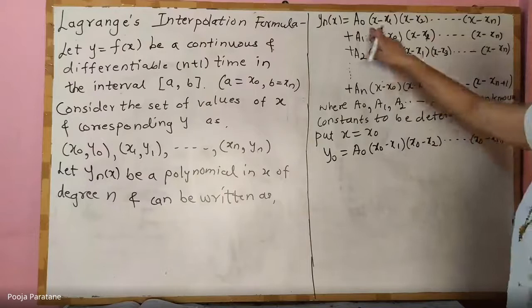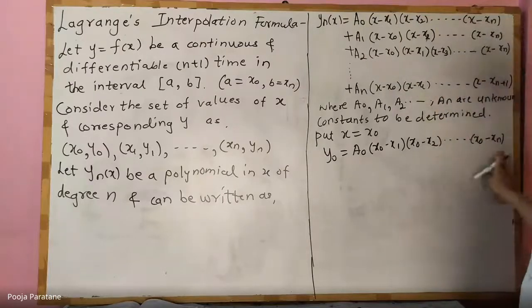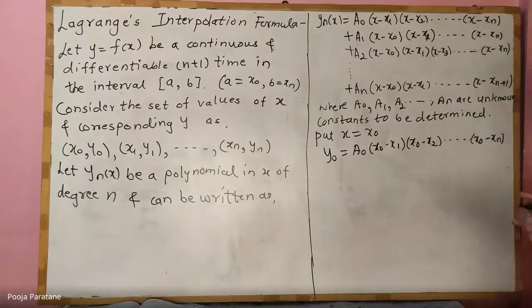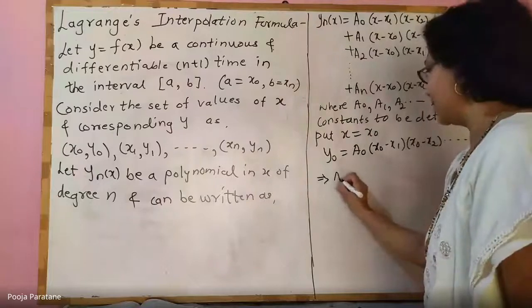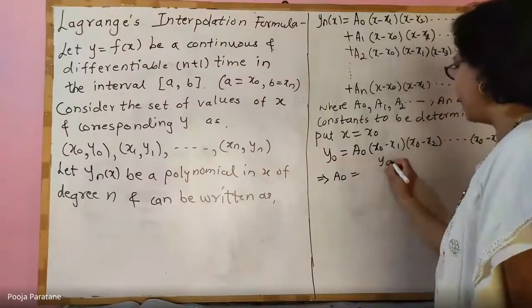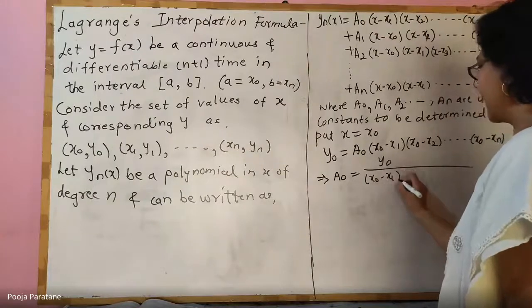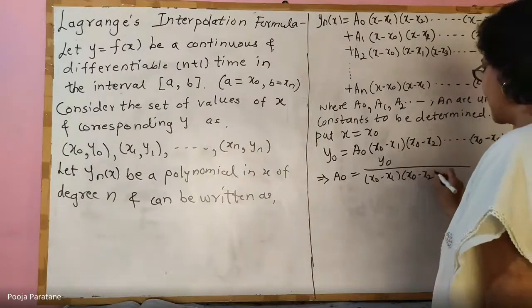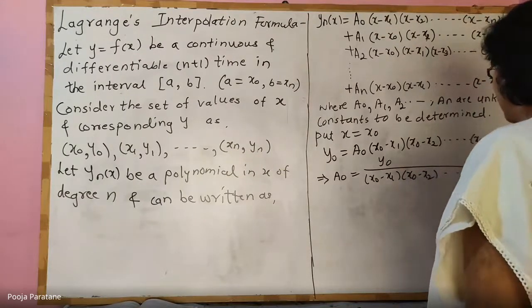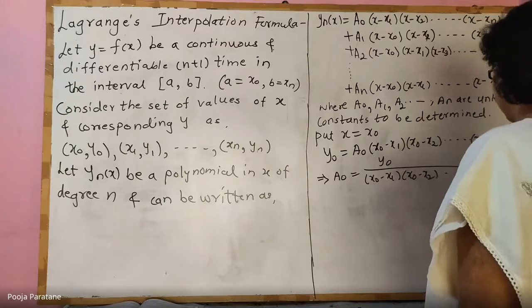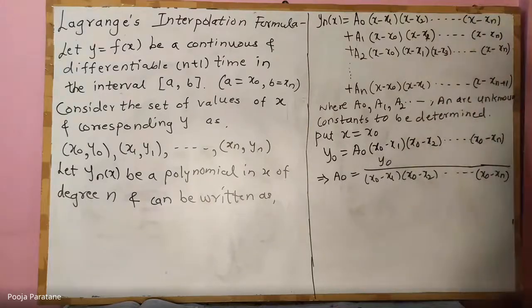So only this term we are getting. So the value of a0 can be determined as: a0 is equal to y0 upon this whole expression, (x0 minus x1)(x0 minus x2) up to (x0 minus xn). This is the value of a0.